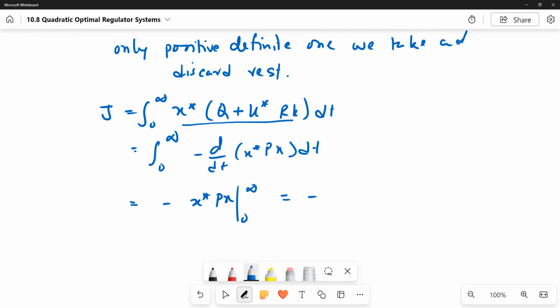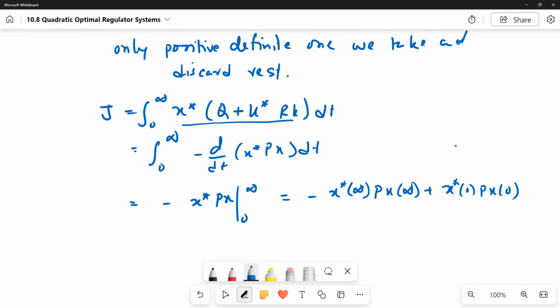That gives us minus x star infinity P x infinity, and minus minus will be plus x star 0 P x 0.